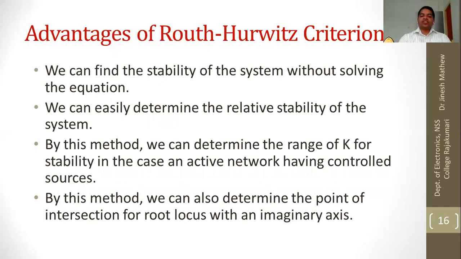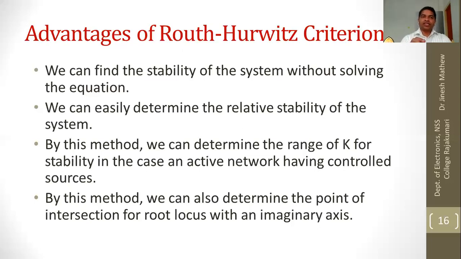The advantages of the Routh-Hurwitz criterion are that we can find the stability of the system without solving the equation. Here we are not solving the characteristic equation. Without solving it, we can find the stability of the network. We can easily determine the relative stability of the system. By this method, we can determine the range of K for stability in the case of an active network having controlled sources.